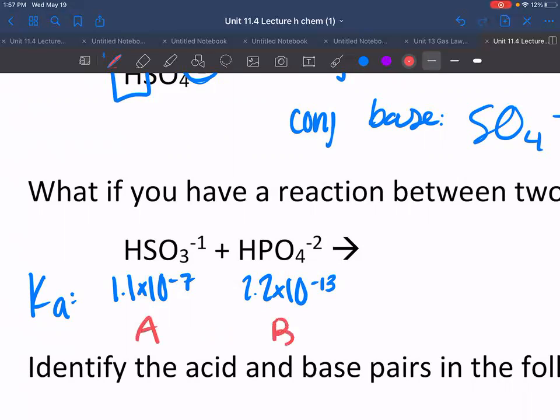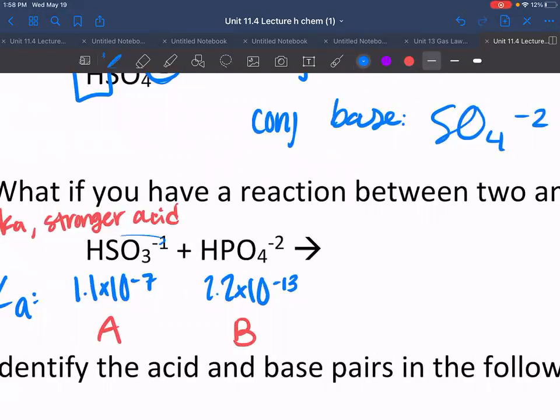The reason being, the higher the Ka, the stronger the acid. And so that's going to be the one that dominates, saying, nope, I'm going to give you my proton. So now let's predict some products. If we know that HSO3 is the acid, it's going to donate its H and become SO3 -2.